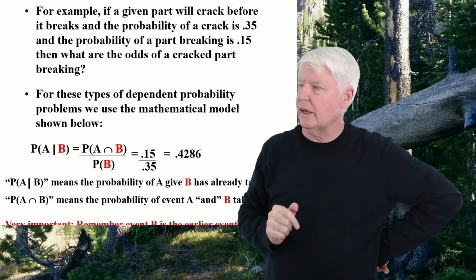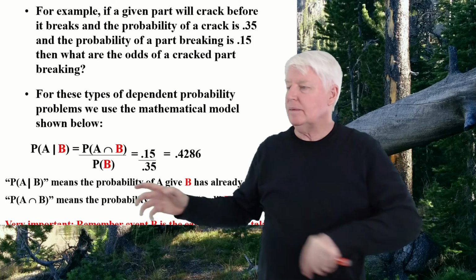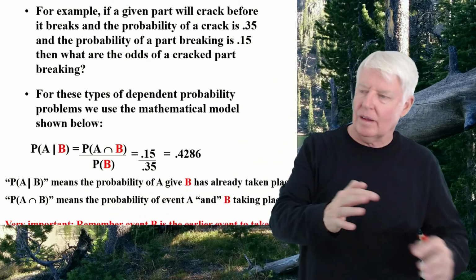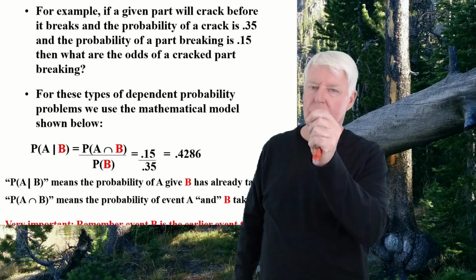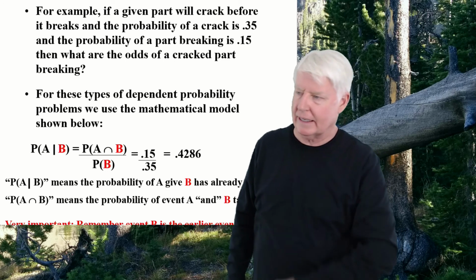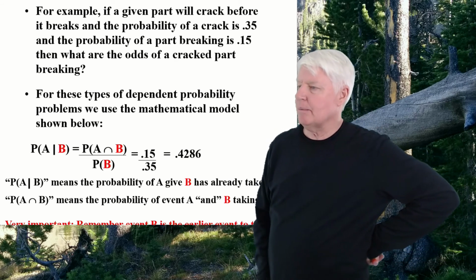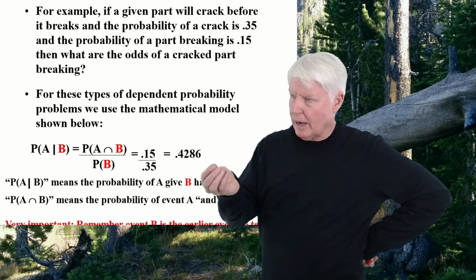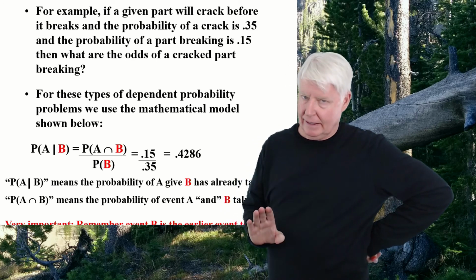And now we want to know what's the probability the cracked part will break. Well, you take all the parts that are cracked and you sort them out, and now you're saying what's the probability if I use this that it will break. So that's the type of problem. It is an and statement, probability of the part cracking and breaking, but they're not independent.